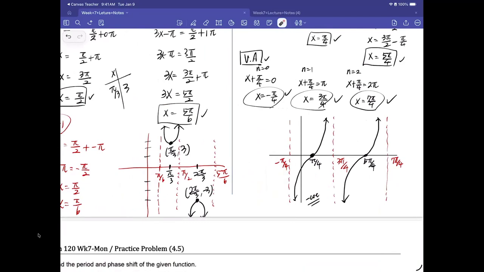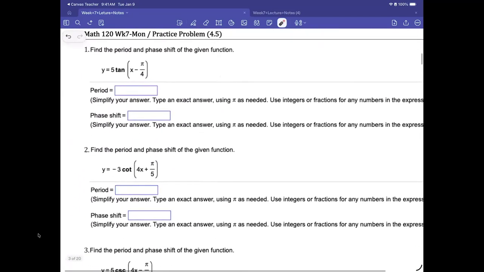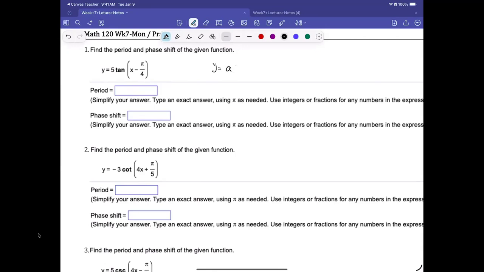All right. Oh, 52. Hurry up, hurry up. All right, so here's the practice problem. The first 3 questions are about period and phase shift. But remember, you have to write y equals a times the tangent, and then you have to factor out b, x minus c. And this c is the phase shift. And then what is the period?